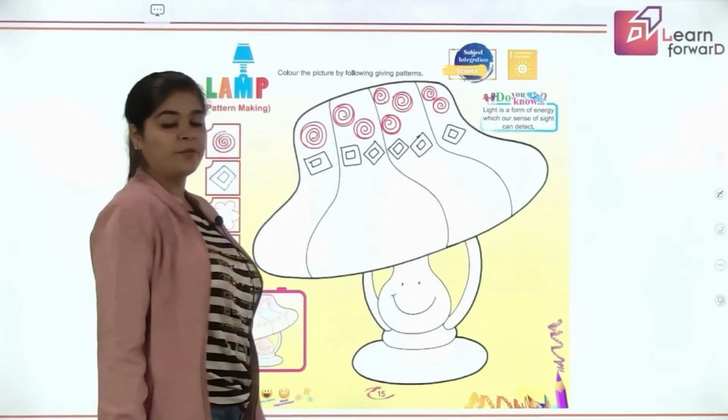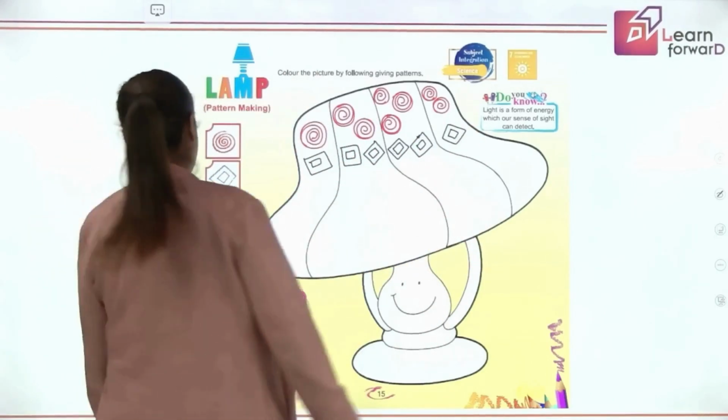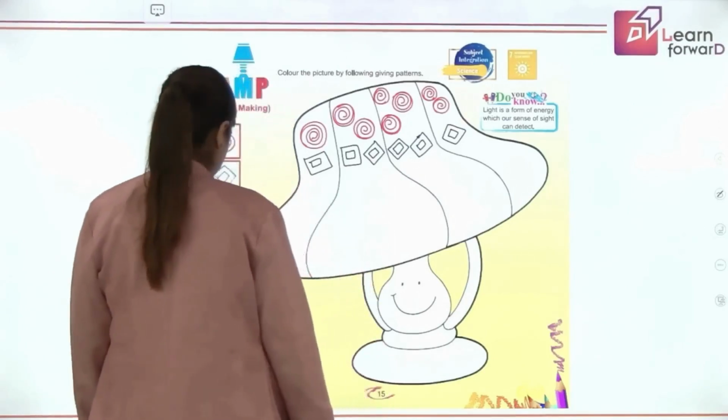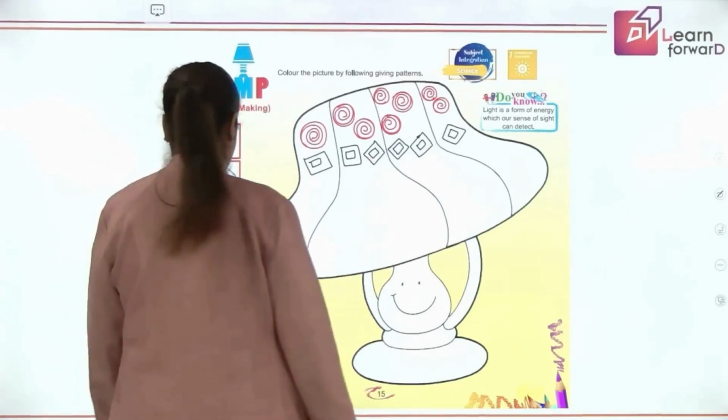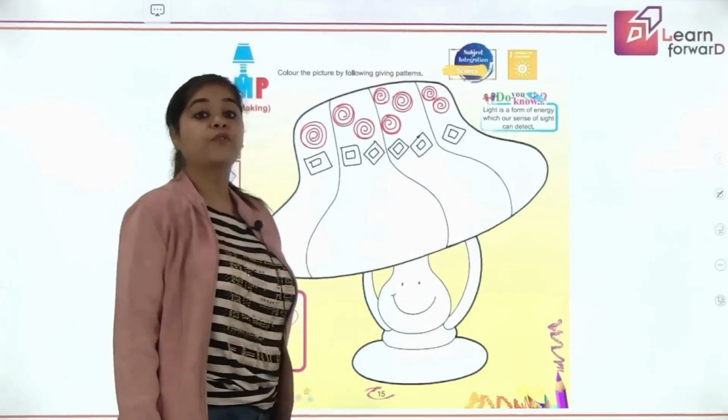So, we are done with our next pattern. Now, the third pattern that we have is in green color and it goes for a triangle.